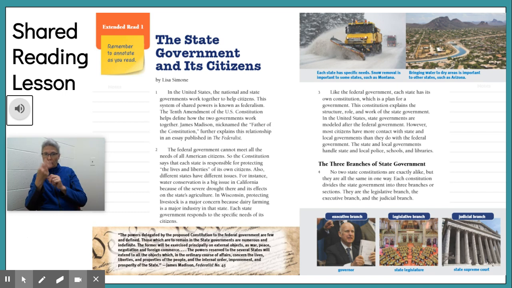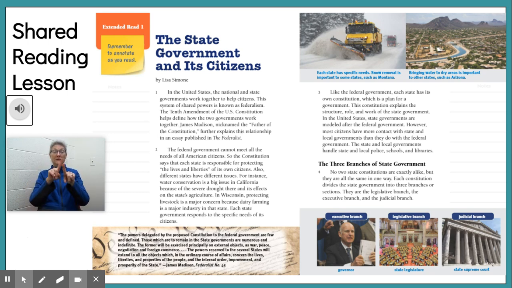James Madison, nicknamed the father of the Constitution, further explains this relationship in an essay published in The Federalist. The federal government cannot meet all the needs of all American citizens. So the Constitution says that each state is responsible for protecting the lives and liberties of its own citizens.